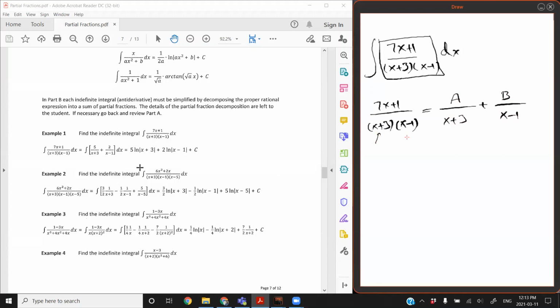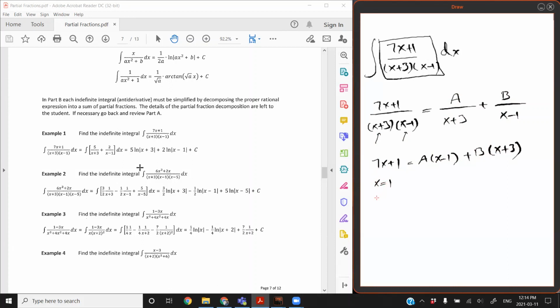At the bottom of this rational expression, I have two distinct linear factors. That makes it case 1. So I need A over the first linear factor plus B over the second one. That is 7x plus 1 is equal to A times x minus 1 plus B times x plus 3.